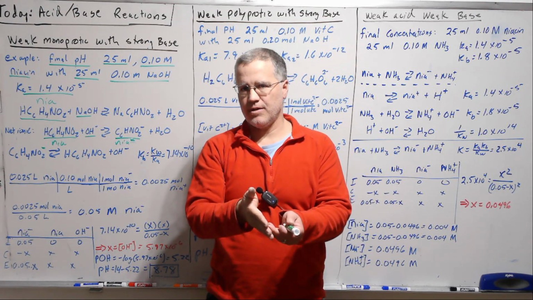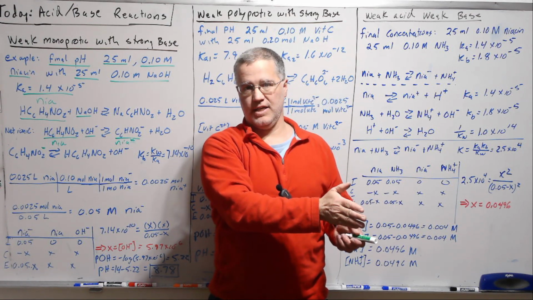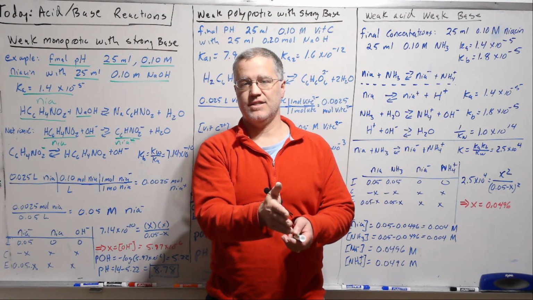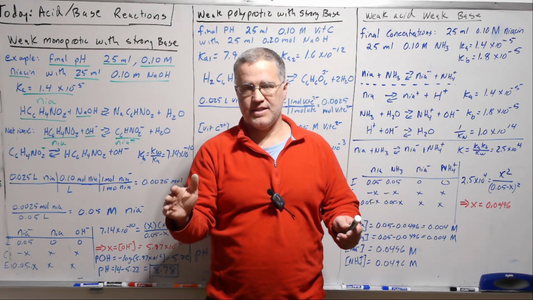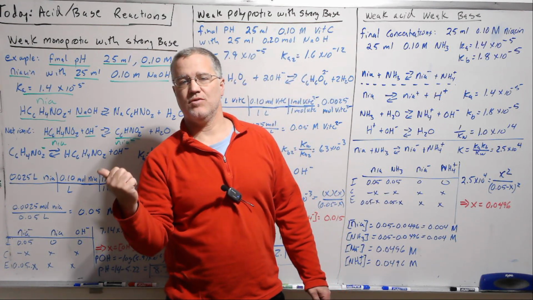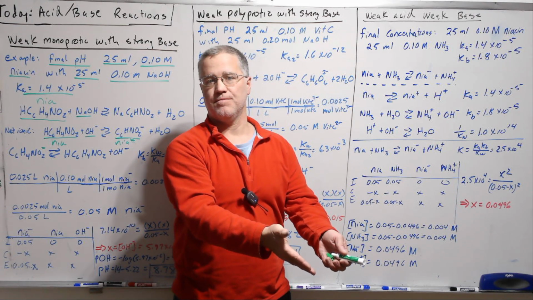Since we have stoichiometric amounts, we're left with only water and the conjugate base to niacin. And that's it. And so then it becomes a problem of, let's go back to equilibrium as if we had introduced just the conjugate weak base problem.